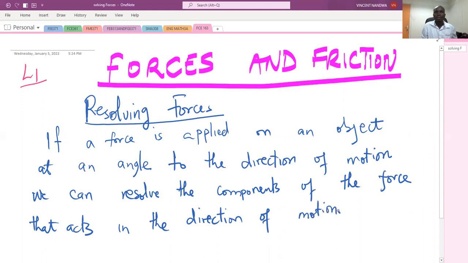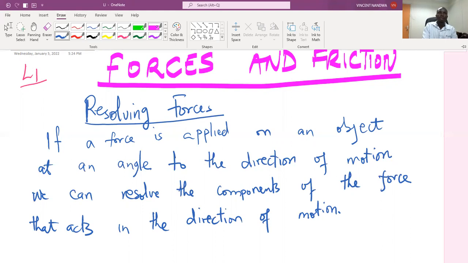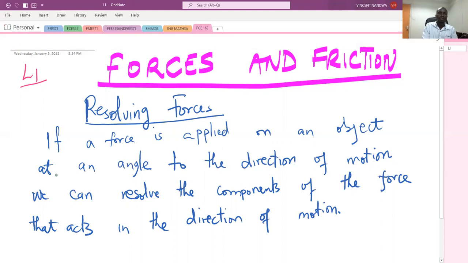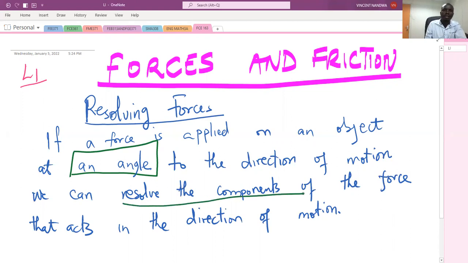So the force is applied on an object at an angle. The key thing here is that the forces we'll be dealing with in this chapter act on an object at an angle to the direction of motion. Then we can resolve the components of the forces that act in the direction of motion.